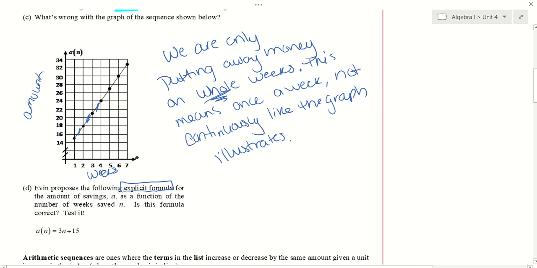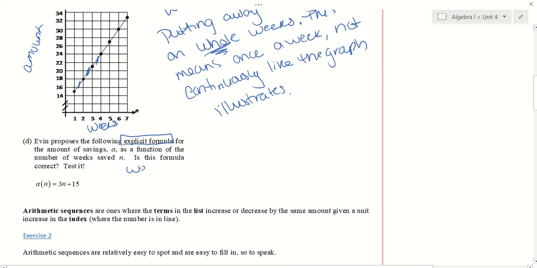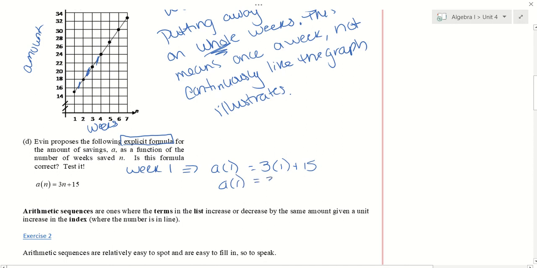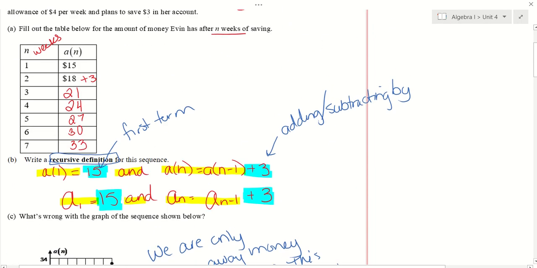So let's try week 1. Week 1 would look like A of 1 equals 3 times 1 plus 15. What do we get? 3 times 1 is 3. 3 plus 15 is 18. $18 on week 1? Scroll up. $18 on week 1? I don't think so.